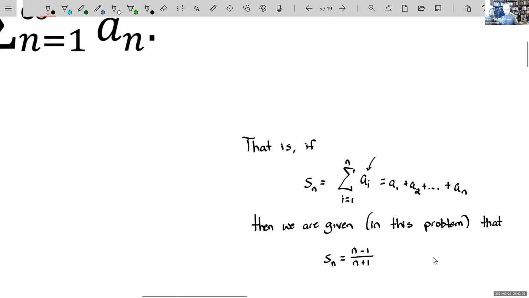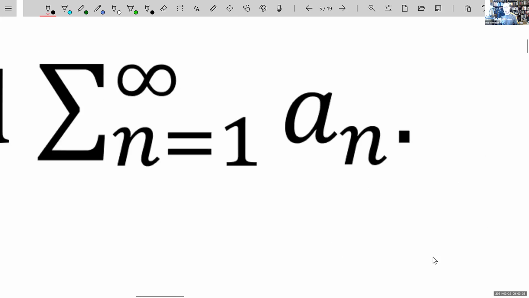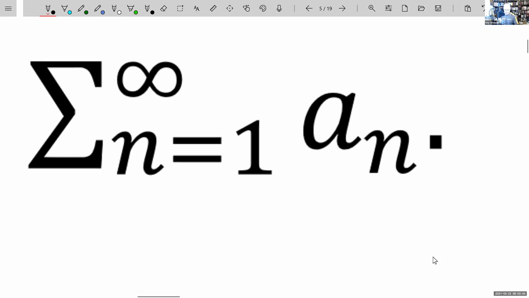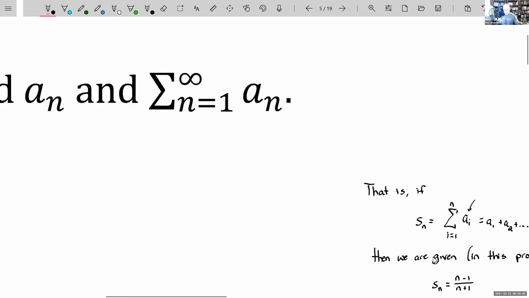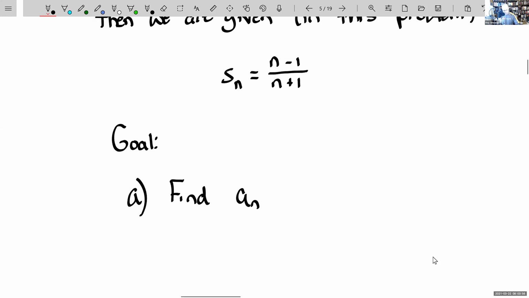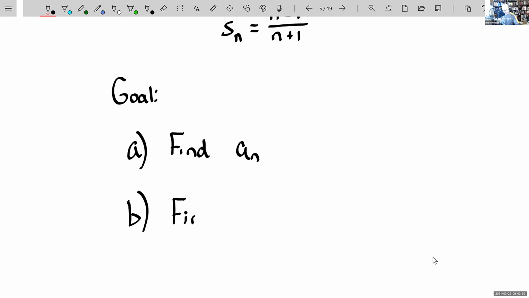And they also want us to find what the sequence of partial sums limits to. So our goal, part A, find a sub n, and part B, find the summation.